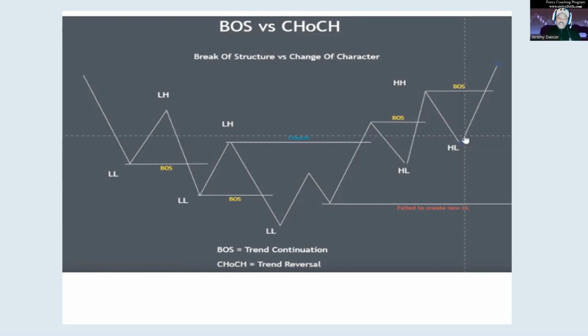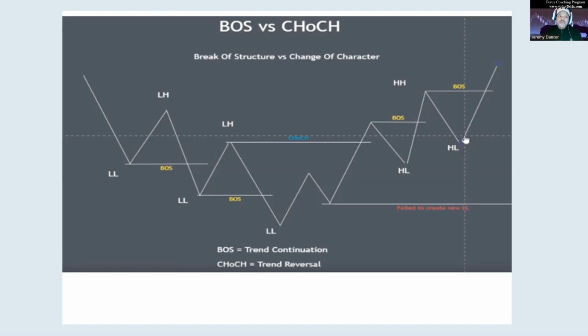Once you have a change of character, you want to wait for that pullback. After the pullback happens, go ahead and place your entry and then use the higher low or lower high after the pullback as your stop loss, and you should be good from there.